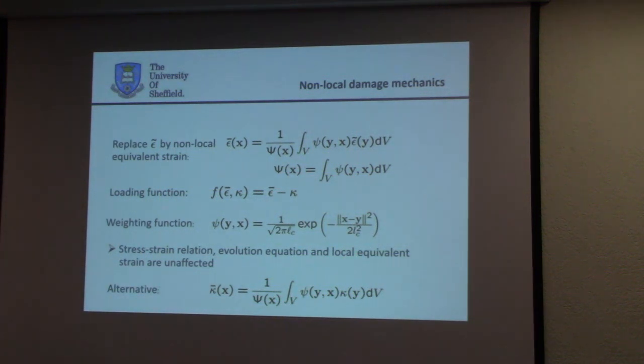Now, what you see is such a weighting function always contains a measure of length. This is a typical thing. This LC, which comes here back. That is the amount over which you spread. And obviously, when LC is larger, you spread it over a larger area, and long-range forces, long-range influences are more important.